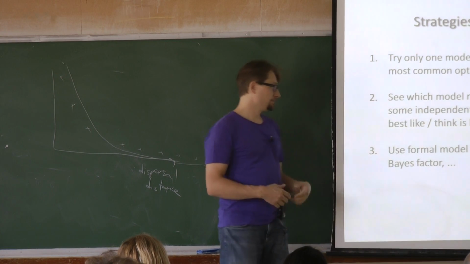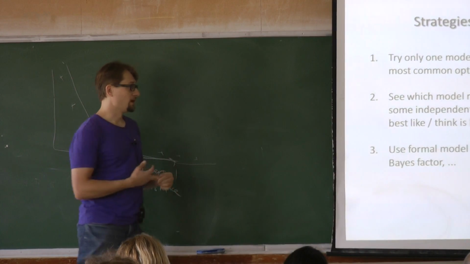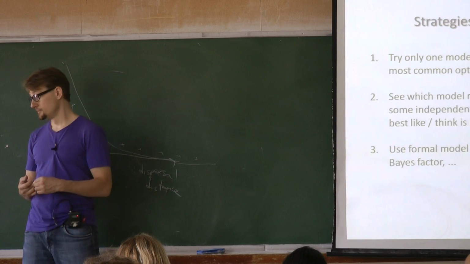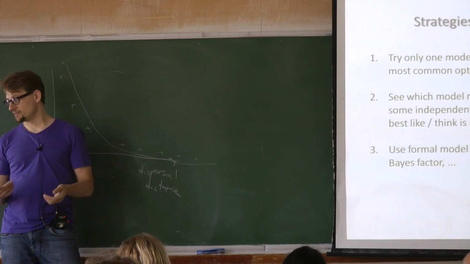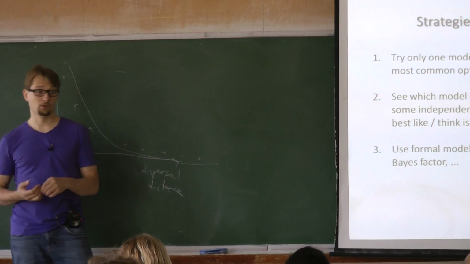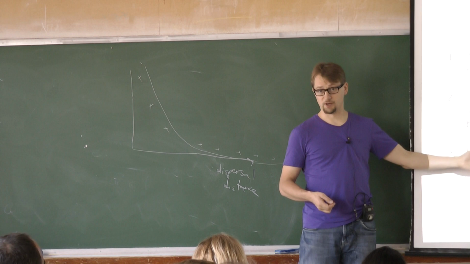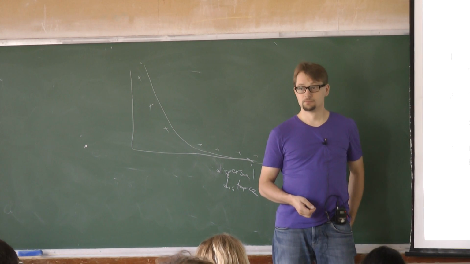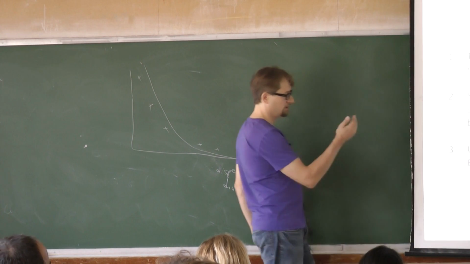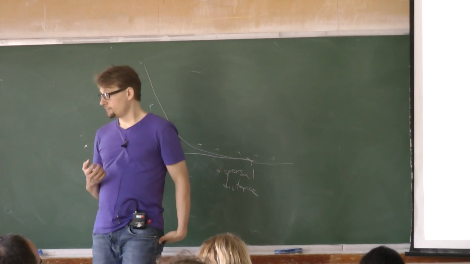And then we have an array of more formal model selection methods, like using AIC, BIC, DIC, Bayes factor, and so on. How many of you have been using at least one of these methods? Good. So you know, at least roughly, what these are about.